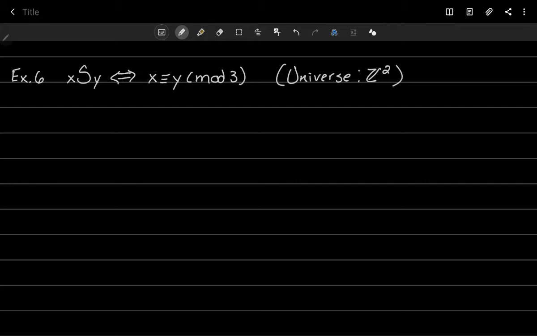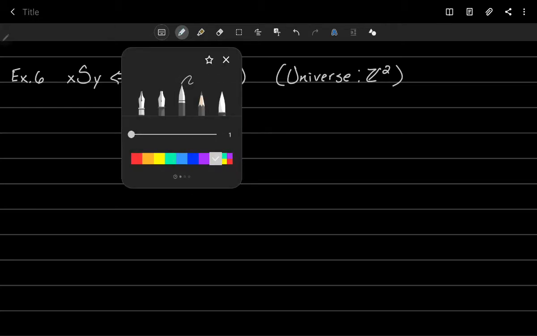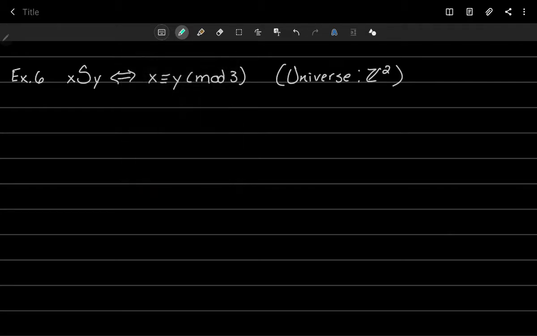You may not have seen modulo numbers before, so let me explain what this means. There are 3 different ways to think about this. Okay. First way, x is congruent to y mod 3 means x and y have the same remainder when divided by 3.